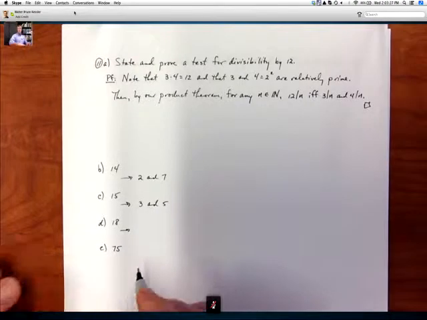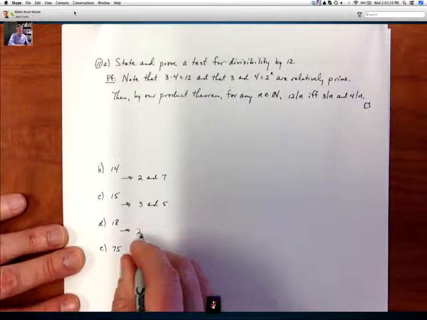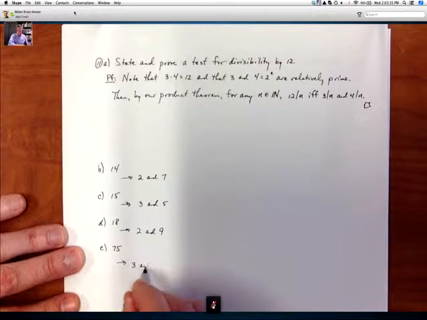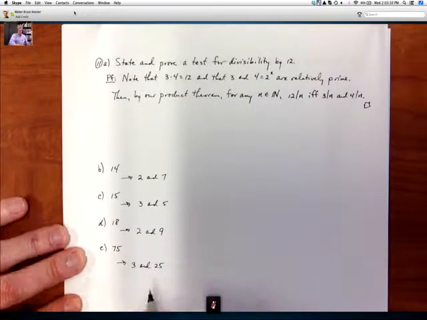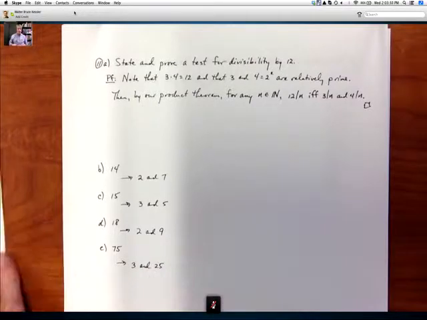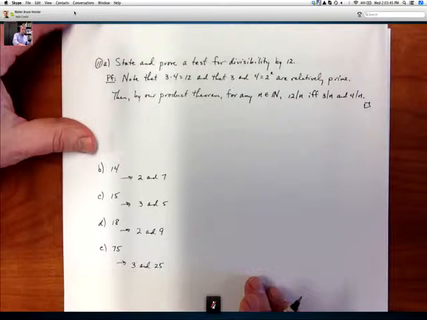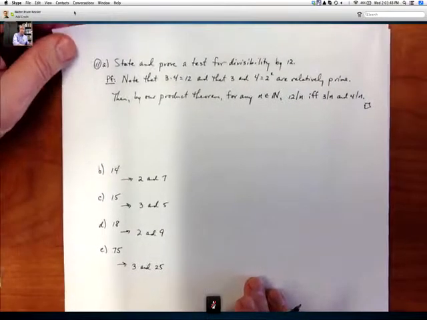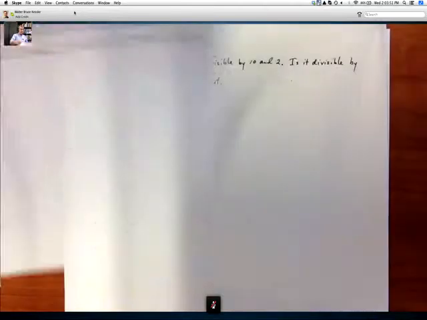No, 3 and 6 won't work. They're not relatively prime. However, 2 and 9 would, right? And for 75, maybe 3 and 25, which we talked about how to spot divisibility by 25 in the last lecture. Okay, so there wasn't a whole lot to 11. Just wanting you to kind of know that you can play that game, okay? All right.